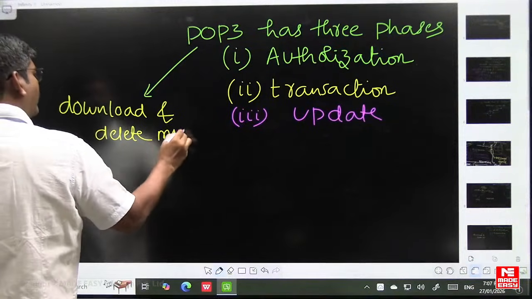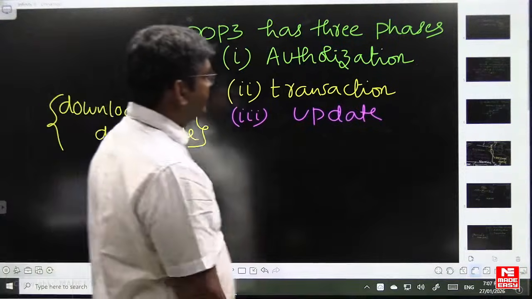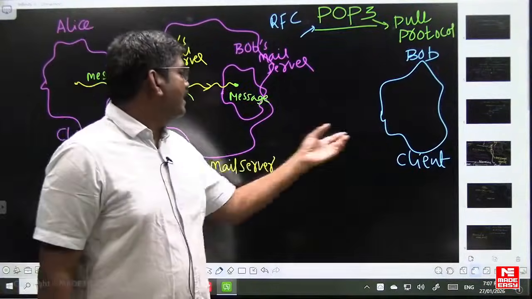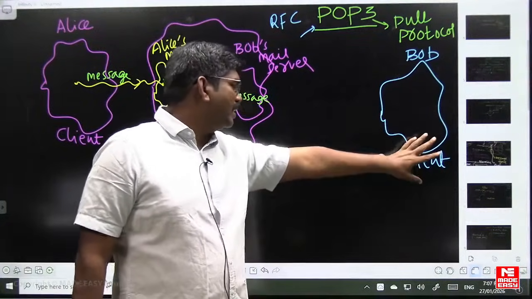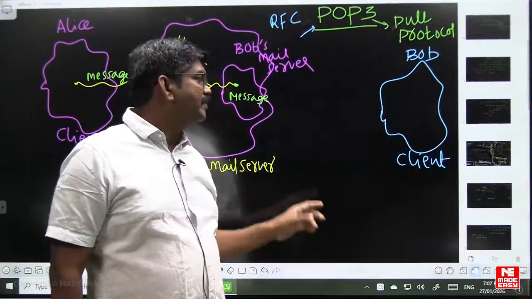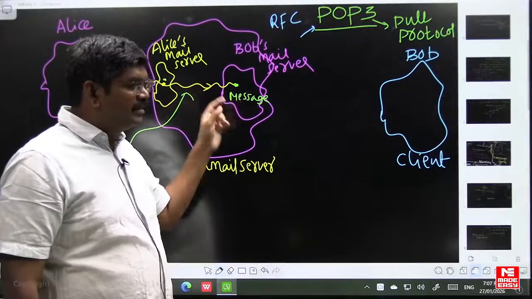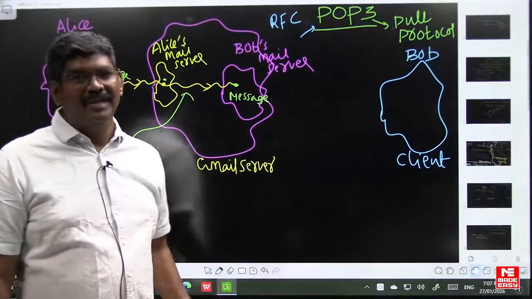What is this download and delete mode? I am just giving you some basics here. See, here when this client has authorized, आपने इस मैसेज और मेल को यहाँ लोकल क्लाइंट पर एक्सेस करने के बाद, so now you want to delete in this mail server, then you can go for the download and delete mode actually. ये कैसे होगा?